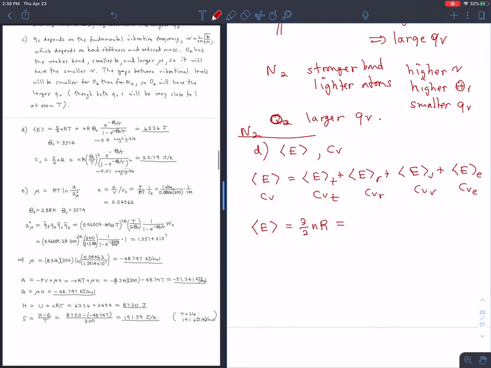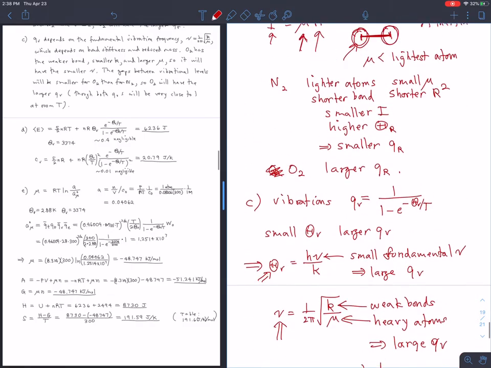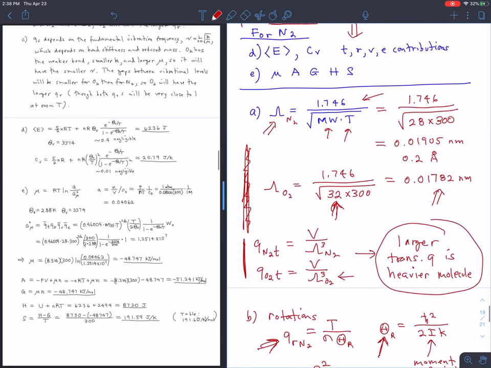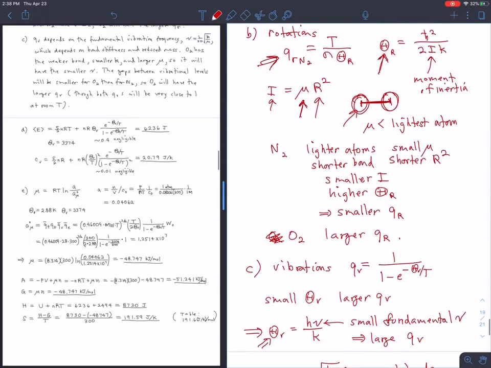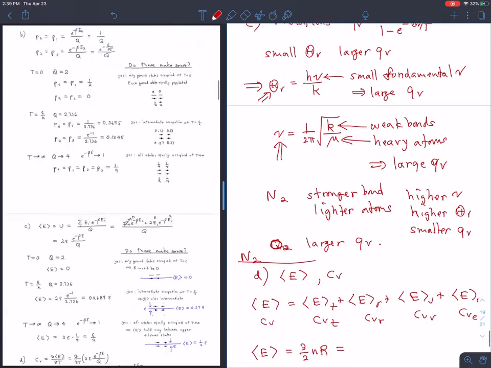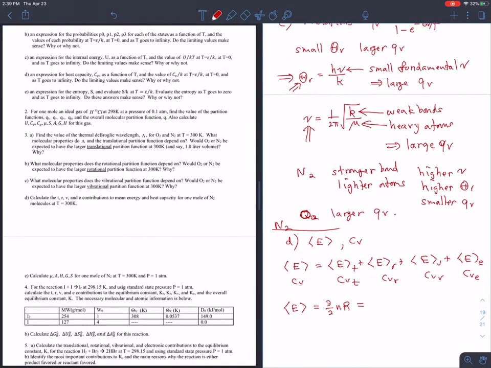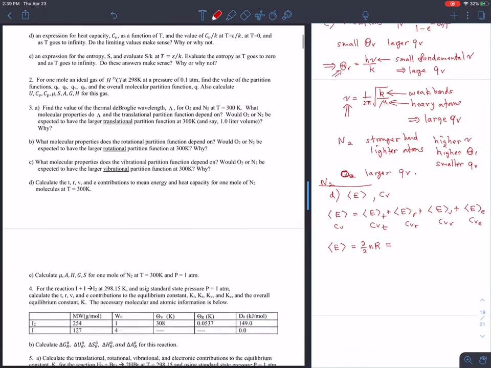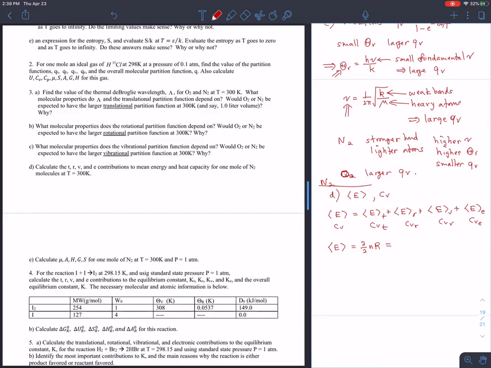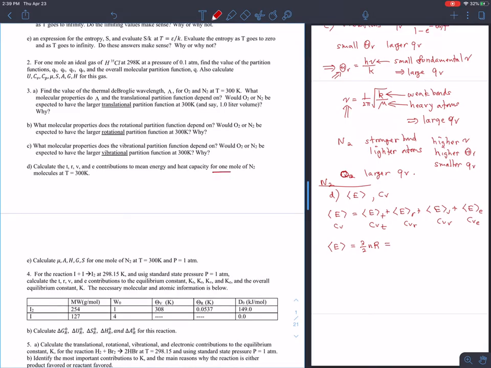Does it say? I don't remember. Let's just assume that it's 1 mole. I'm pretty sure it's 1 mole. I didn't put it here. Well, let's go look and just make sure. So here it says for 1 mole of N2 at 300 K. All right.